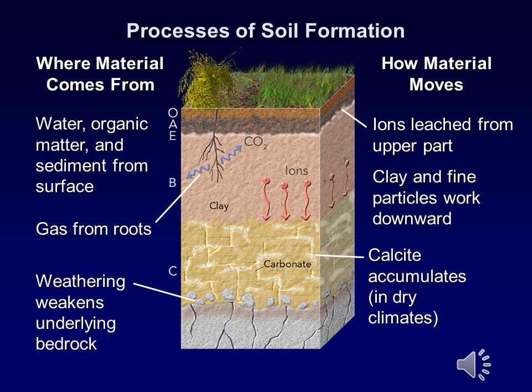It's leaching away nutrients, and then clay and fine particles work their way downward. So the smallest materials are actually being transported further down. And then we have calcite accumulating only in desert climates, in very dry climates, and that's where you get a buildup of caliche.